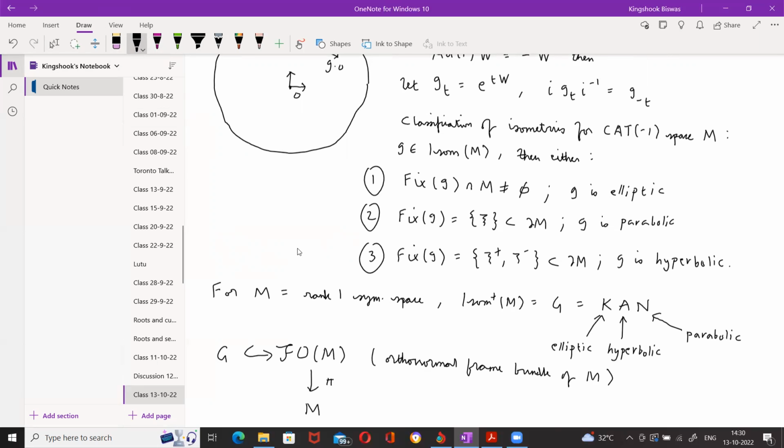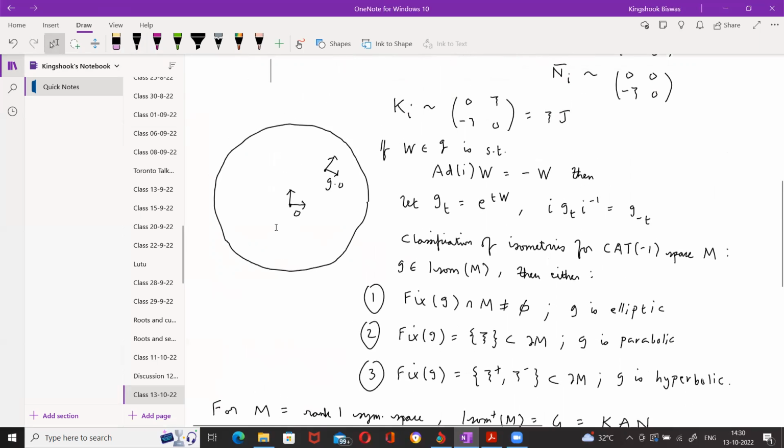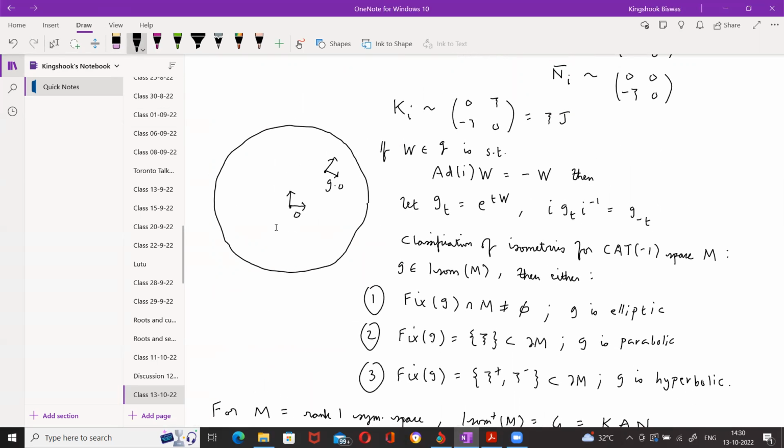And this Iwasawa decomposition, basically what it's saying is the following. You have the origin, and you fix a geodesic passing through the origin. You look at its backward endpoint, and you look at the horospheres with this center at infinity.